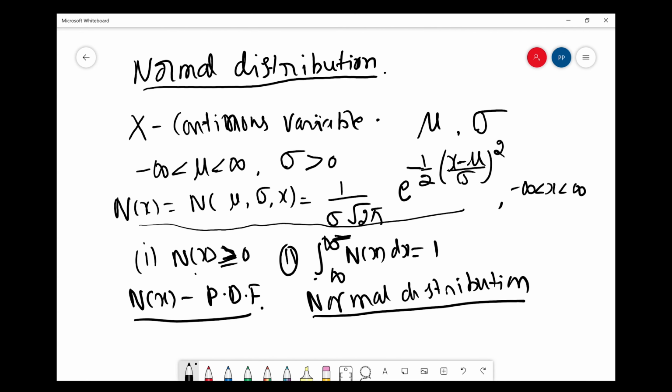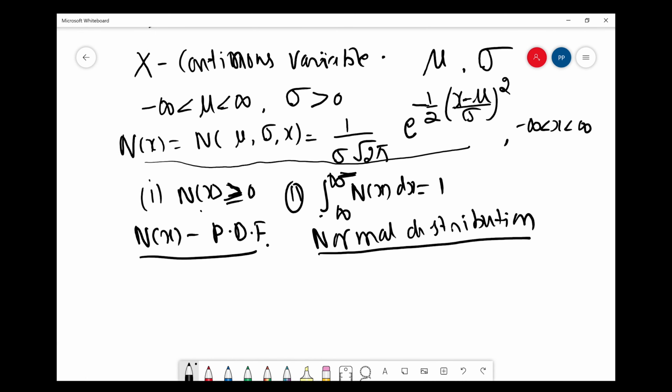Now look at the constants used in the PDF of the normal distribution, mu and sigma. We are already familiar with these constants, where mu stands for the mean and sigma stands for the standard deviation.